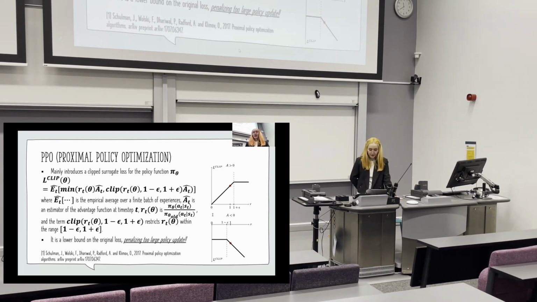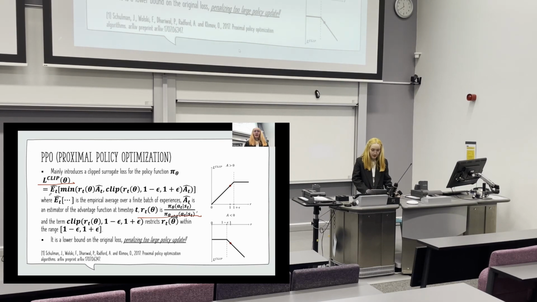The major novelty in PPO is a new clipped surrogate loss for the policy function. If we consider the loss as a function of R, which is this thing, the R is a ratio of the current policy to the previous policy. The value range of the loss function is shown in the two figures on the right side.